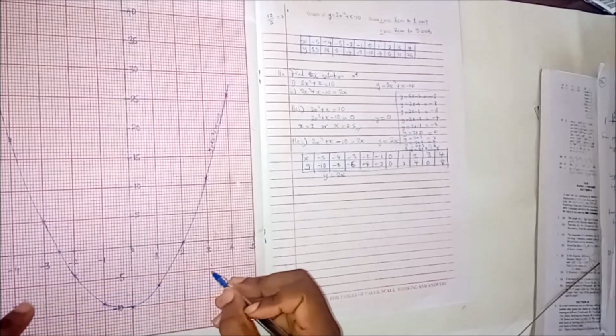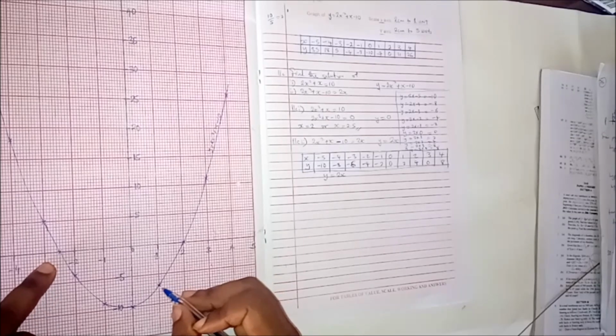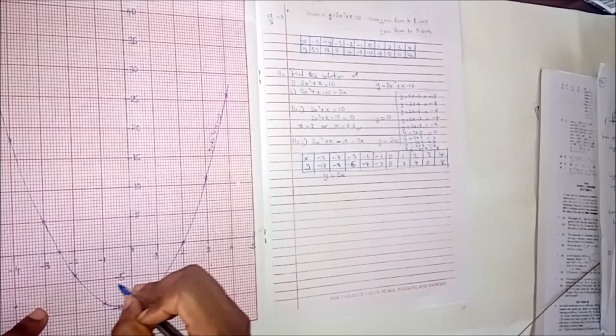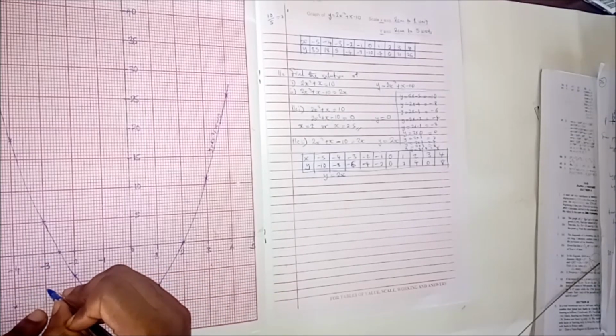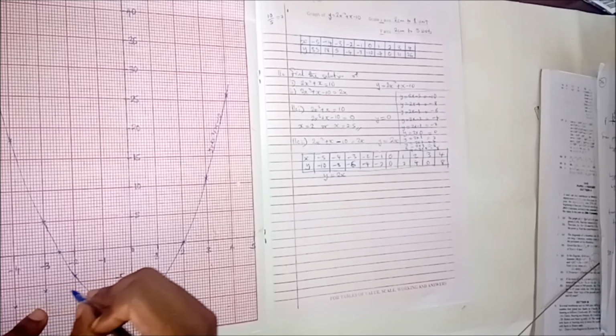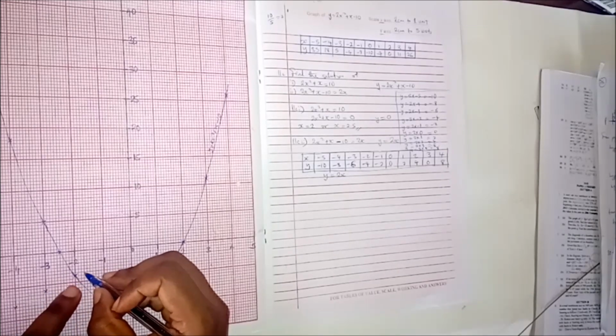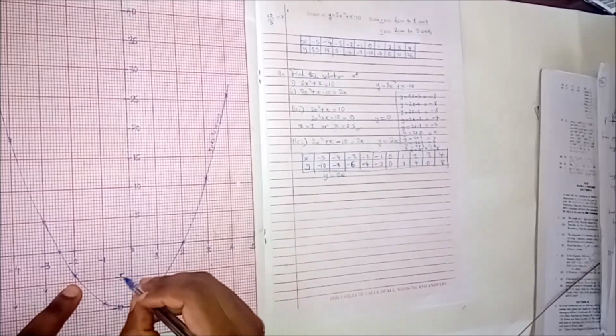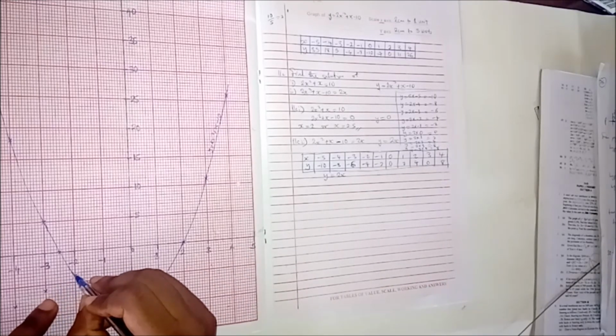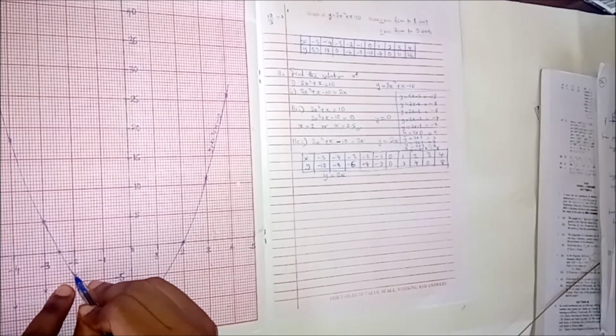And when x is minus 3, y is minus 6, somewhere here. When x is minus 2, y is minus 4, so it's going to cut here. All right, so this is minus 4.